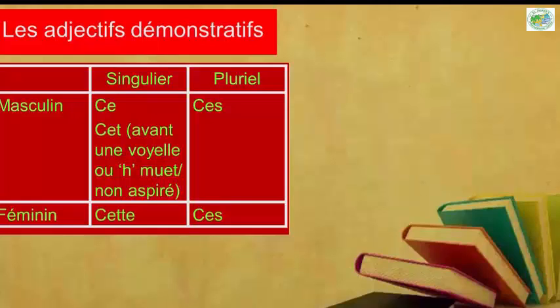Let's begin with ce, it means this, pour le masculin singulier. Cette pour le féminin singulier. And we have ces, we use it for the plural words. I want to say this boy, ce garçon, this girl, cette fille, these children, ces enfants. Okay?